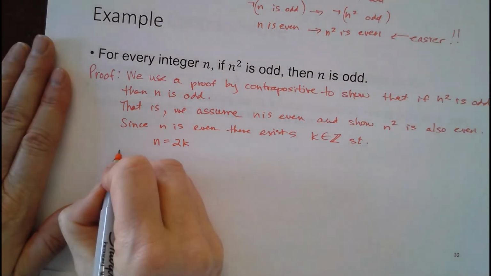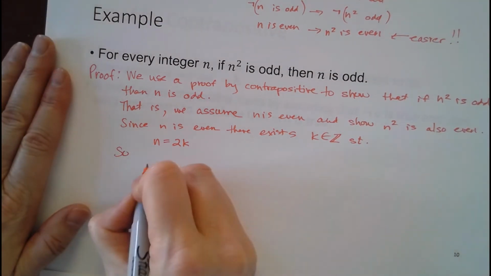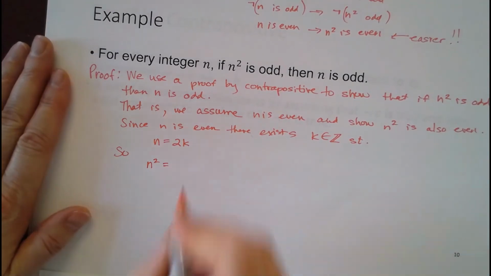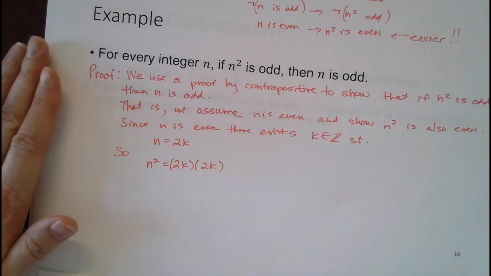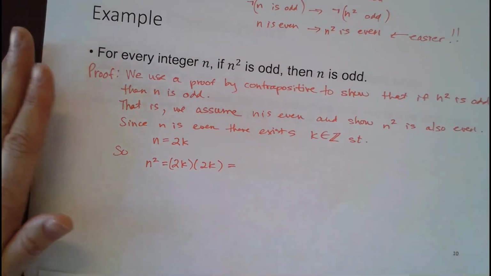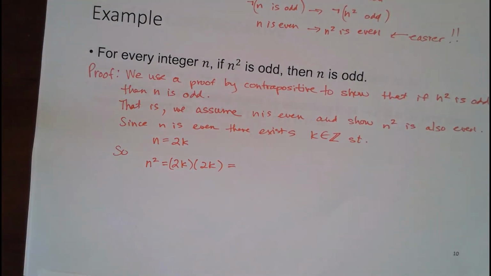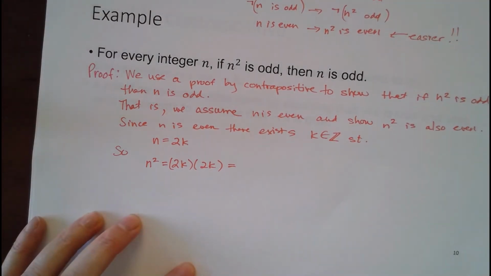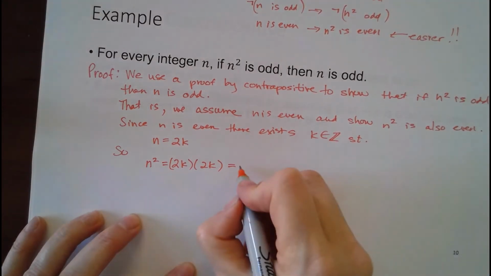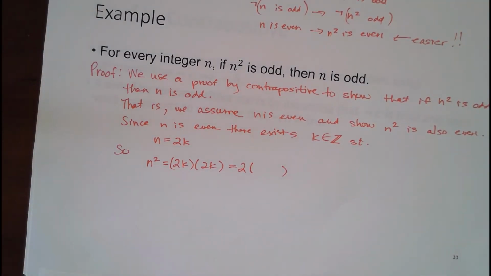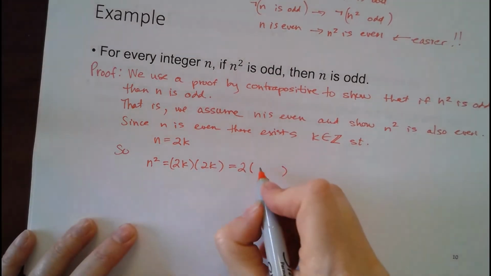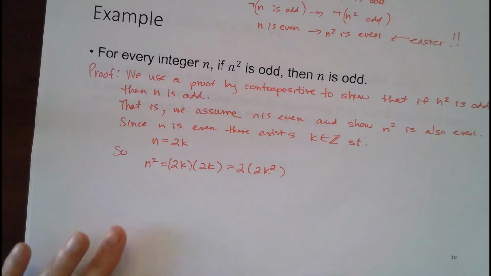So, n squared equals 2k times 2k. Okay, we want to show that this is even, so if I can write it as 2 times something else, that will get me what I need. So in here I would need a 2 times k squared.